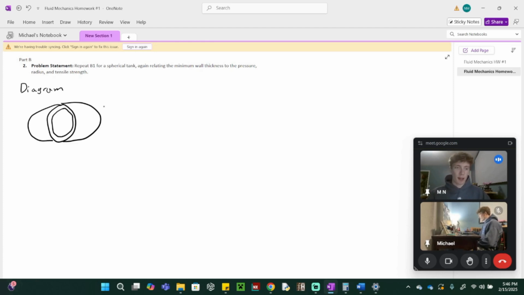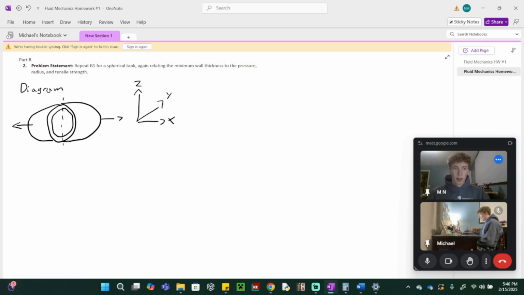The forces in this case, as compared to the cylindrical container, are working in 3 dimensions. So they're working in a z component, a y component, and also an x component. But the process is similar, where we are trying to identify one of the forces. So we're going to identify the x force in this case, because these forces, when added together, will pull our two hemispheres apart at this boundary right here.